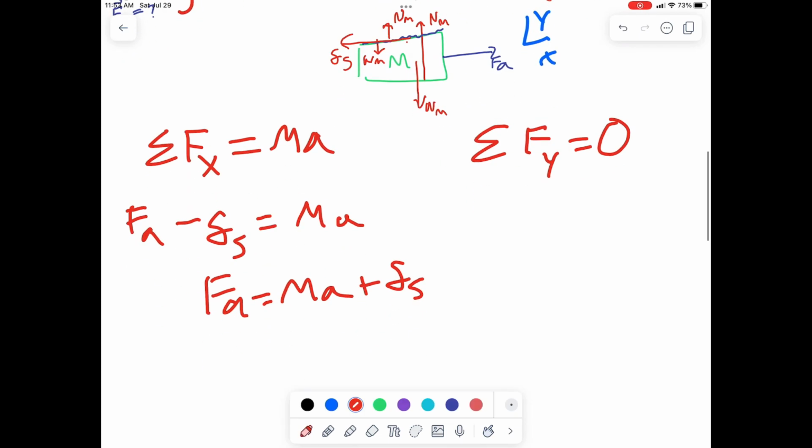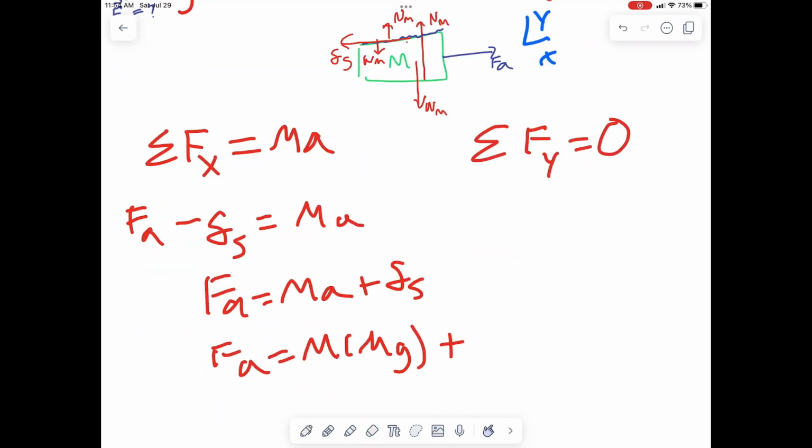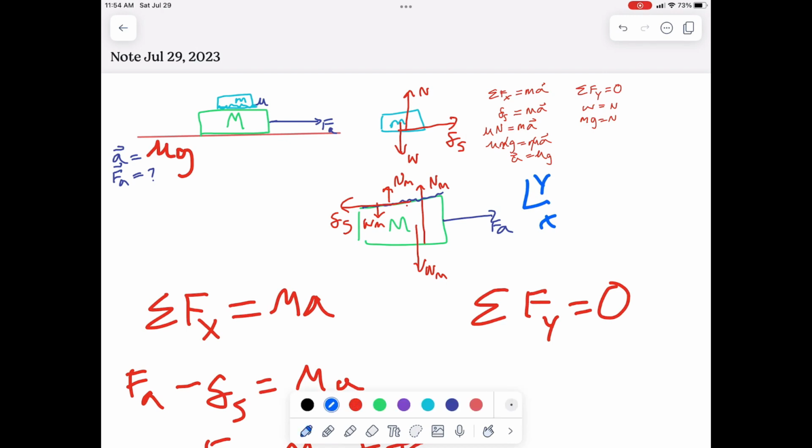So then I know that my force applied is just equal to capital M times mu g, plus, well, let's look at what we calculated earlier for our force of static friction. That would be right here. And we know N there is equal to little m g.